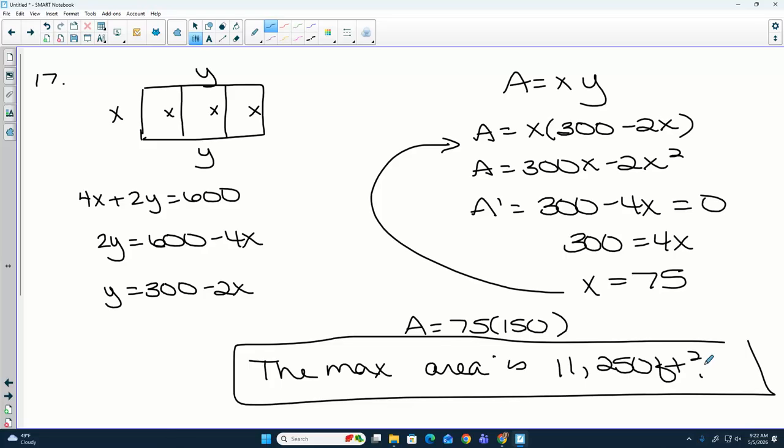All right, so problem 18. We have another one of these. So this time, we are talking about making a box.